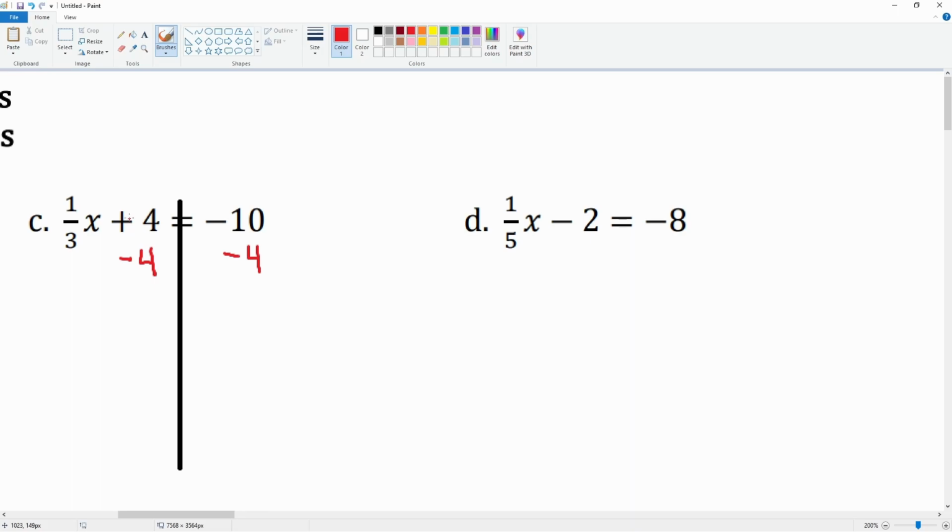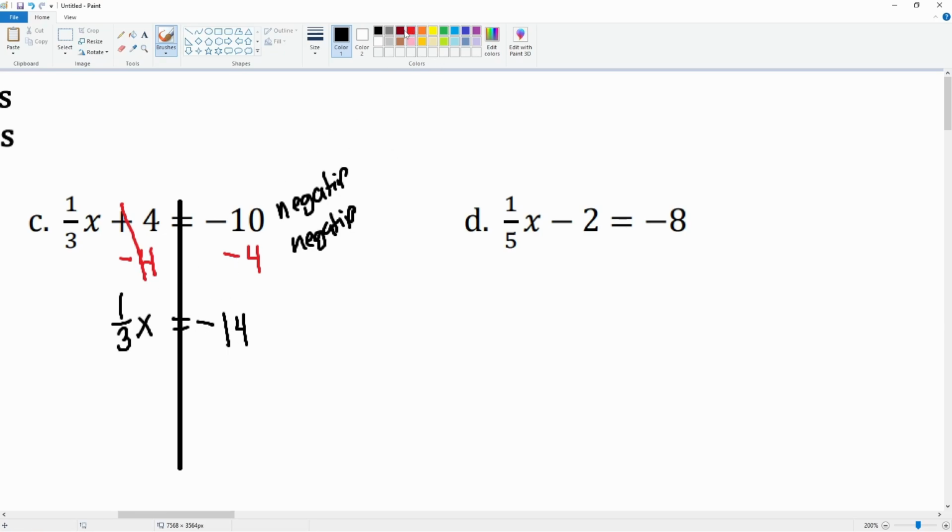Plus 4 minus 4 cancels out, leaving you here with 1/3 x on the left hand side. This is equal to negative 10 minus 4, which is negative 14, because this is already a negative number and you have another negative here, so you're going to have a larger negative. That's why it's negative 14.